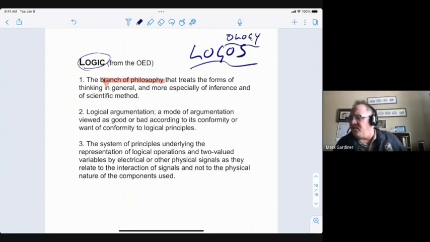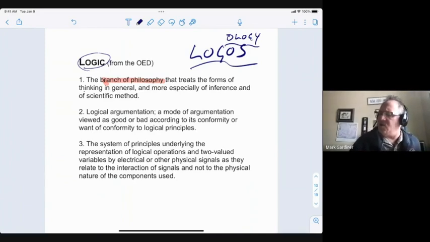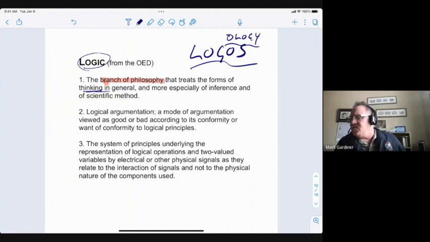So it's the branch of philosophy that treats the forms of thinking in general, and more specifically of inference and scientific method. So it's looking at those very building block concepts of thought itself and processes of thinking, usually in a kind of idealized or objective way.